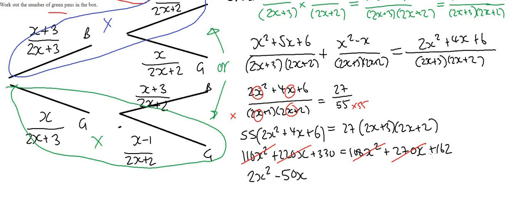I've got 330, I take away 162, which is 180 minus 12, which is 168, equals 0. I've got a quadratic. Okay, I can make this simpler. I can divide through by 2.